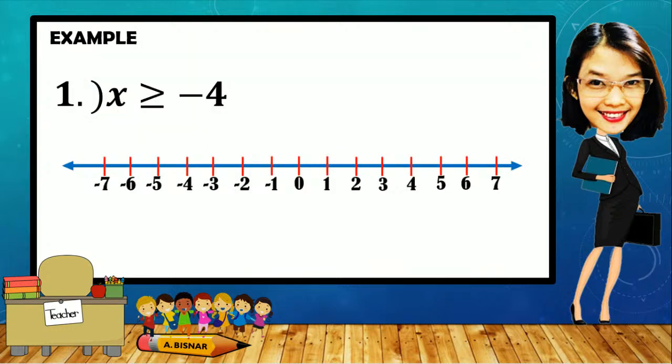For example, number 1, x is greater than or equal to negative 4. Hanapin muna natin kung nasaan yung negative 4. So again, circle with shade. Bakit may shade? Uulitin ko kasi kasama siya sa solution.